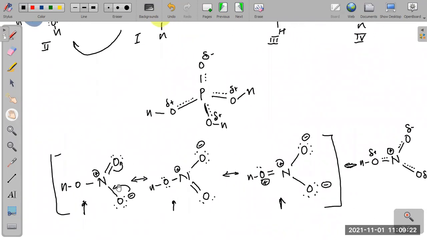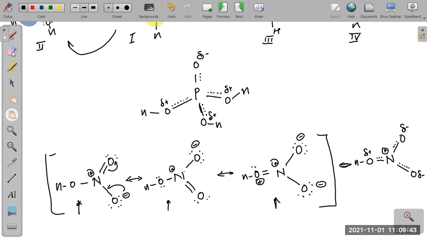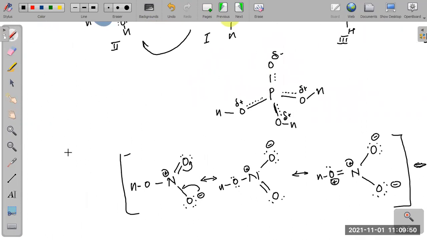Similarly, HNO3, the normal structure actually looks like nitrogen, double bonded oxygen, coordinated oxygen, and OH.